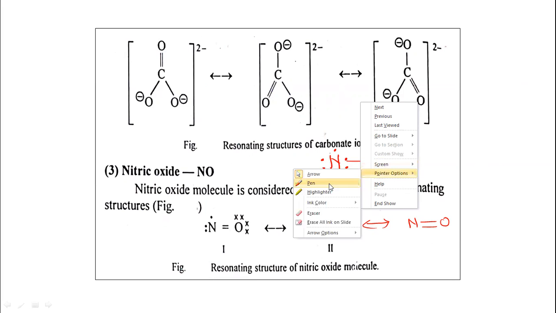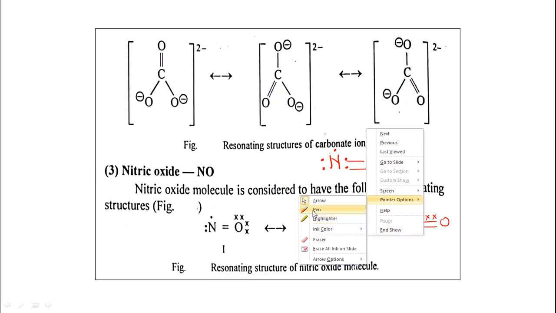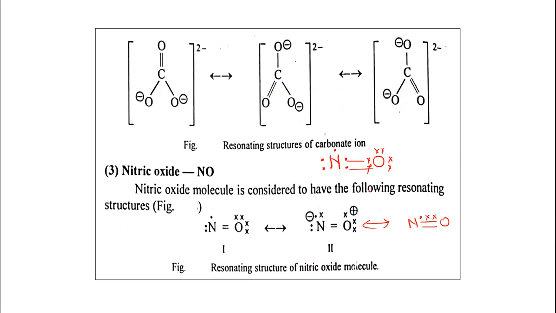Let us see how it should be represented here. The third bond can be formed this way: 1, 2, 3. See, these 2 electrons of the oxygen should be here and one electron should be here. So you can see here, this is the possible third structure.